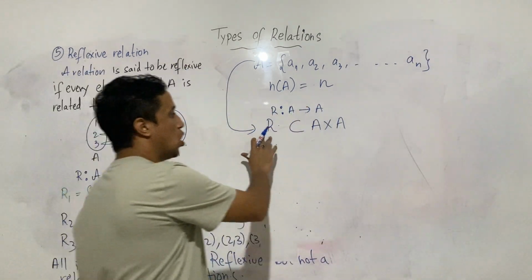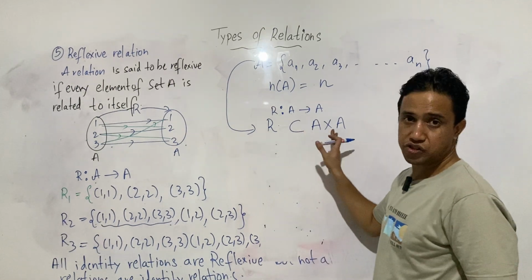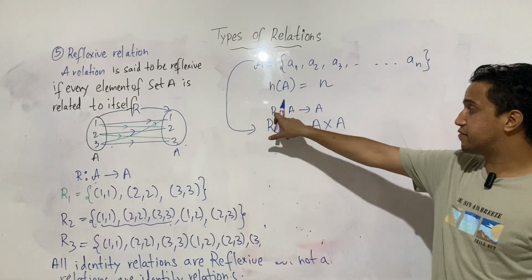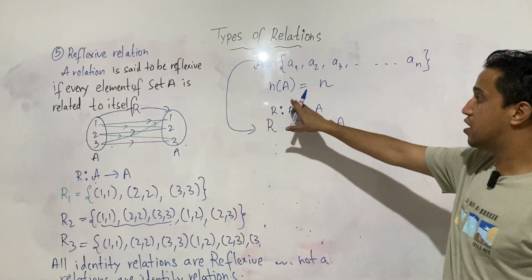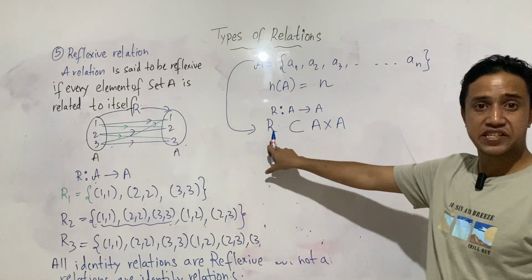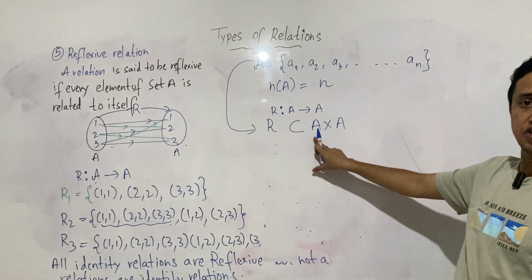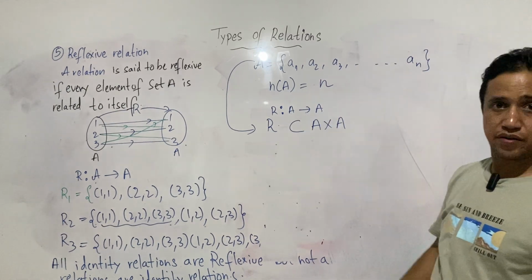Because that's what we say: a relation is a subset of the Cartesian product.